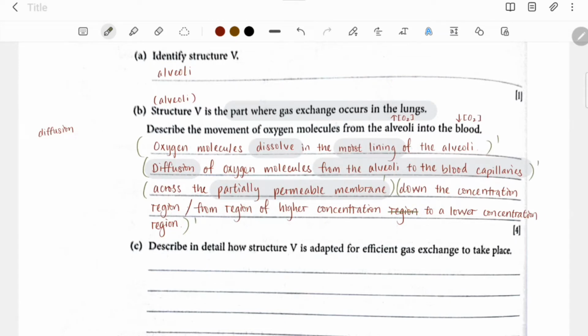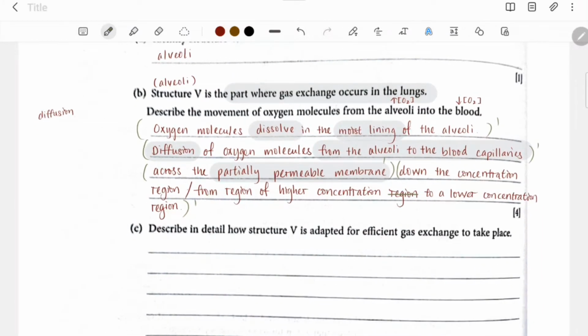Okay, so this is all for B, and then after that let's move on to C.